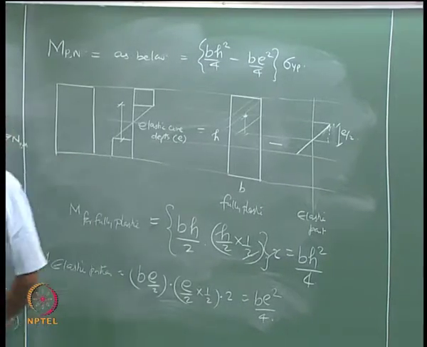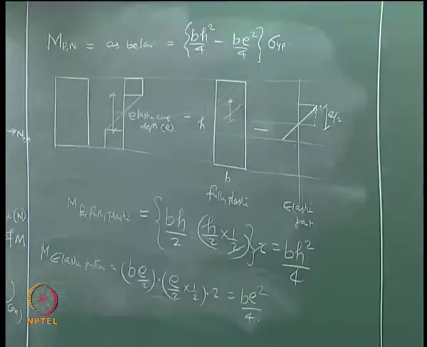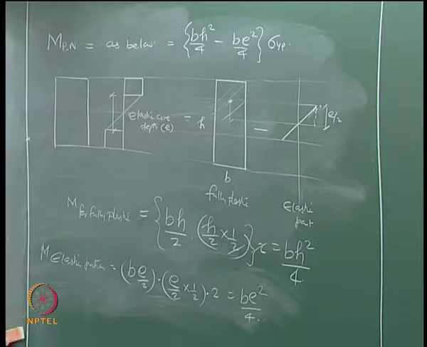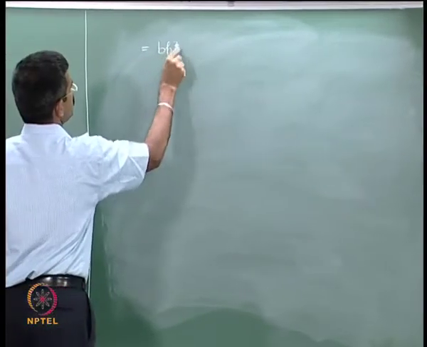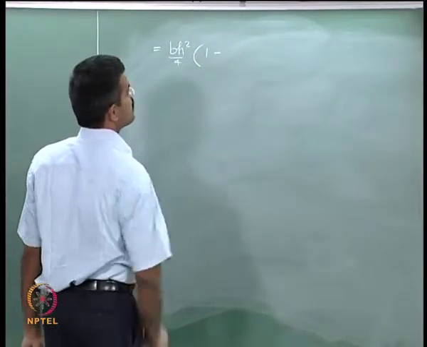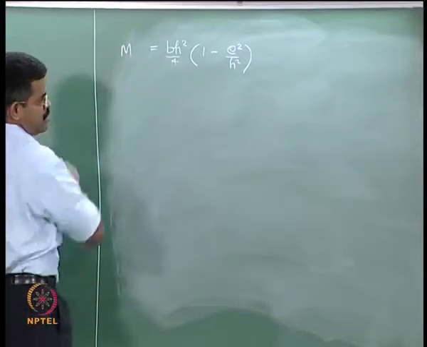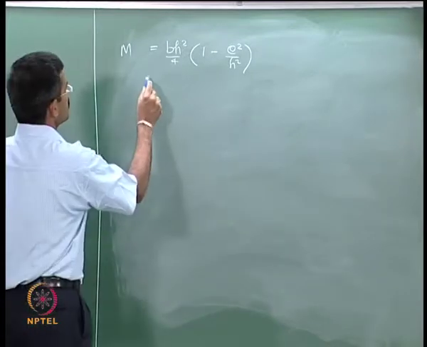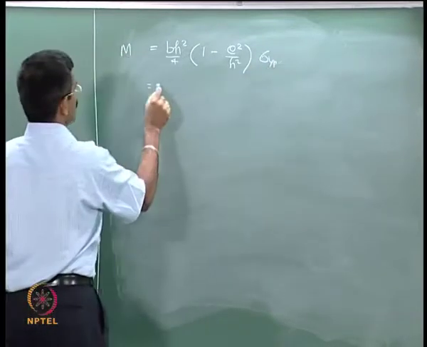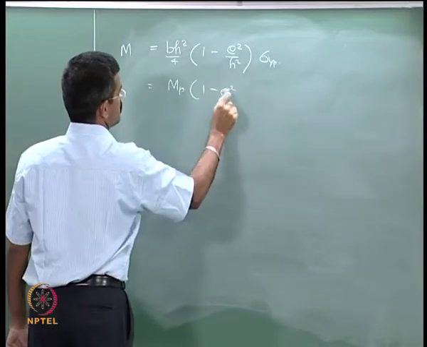Which can be B h square by 4 into 1 minus E square by h square, into sigma y, of course, which you can call MP into 1 minus E square by h square.